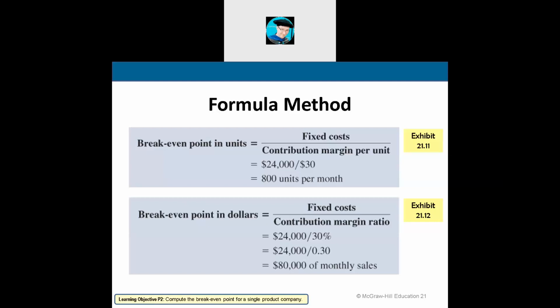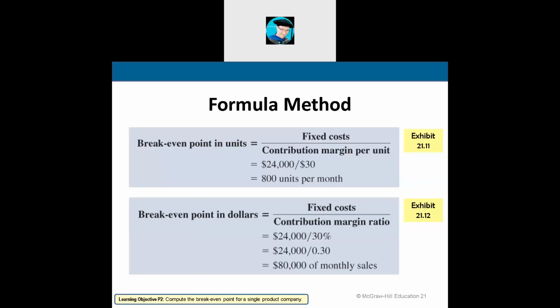And now for the break even in terms of sales dollars. This is how many dollars of product I need to sell for the month. I take my fixed cost, $24,000, divided by my contribution margin ratio. Remember, the contribution margin ratio is your contribution margin per unit divided by your sales price.